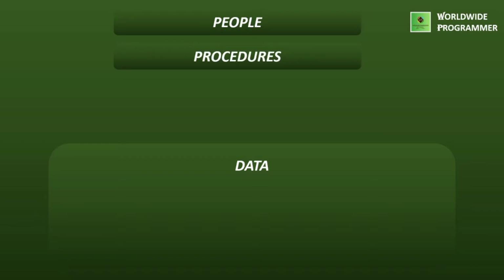Next one is procedures. Procedures include how the data will be retrieved, input into the system, stored, managed, transformed, analyzed, and finally presented in a final output. The procedures are the steps taken to answer the question that needs to be resolved.